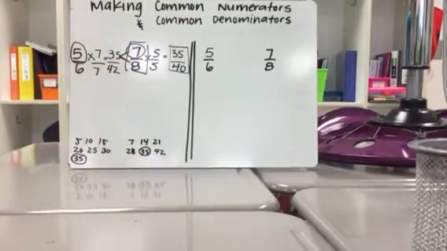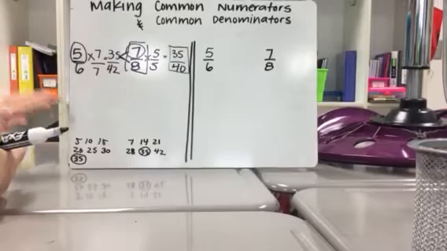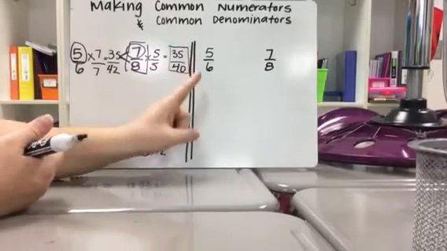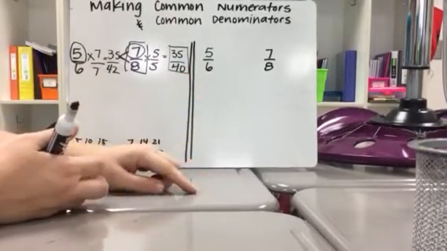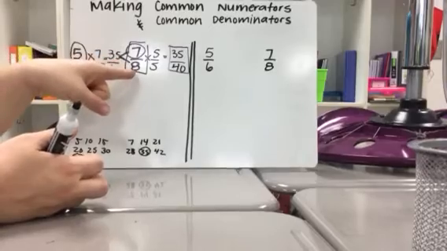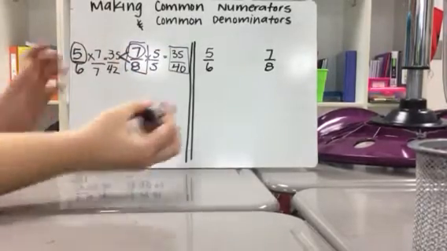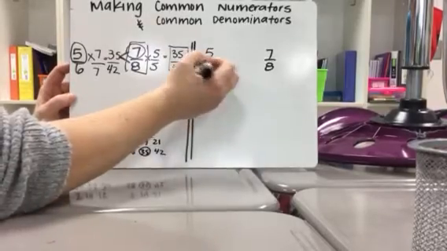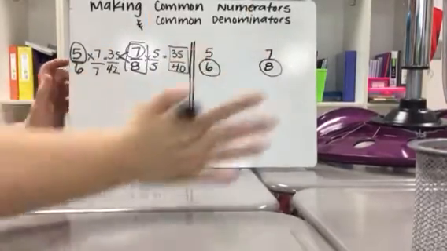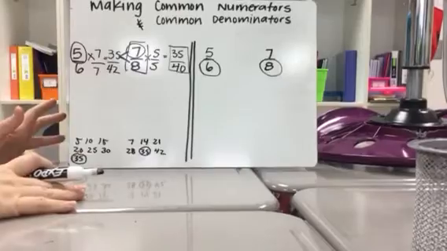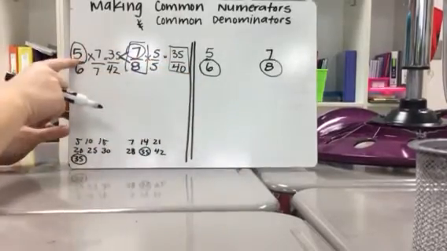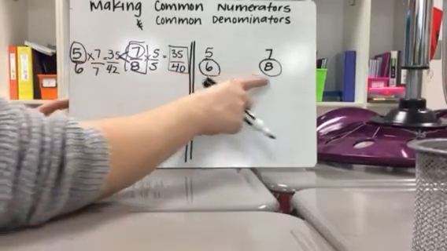Okay? All right, now we are going to do the same strategy, but we are now going to do common denominator. And the thing that's cool is we're going to end up with this being greater no matter what strategy you use. So here I'm doing common denominator. So I'm going to circle the denominator just to remind myself what I'm focusing on. And now this time, just like I counted by 5s and 7s, I'm going to count by 6 and 8.